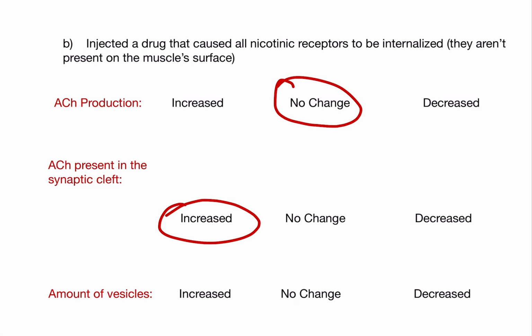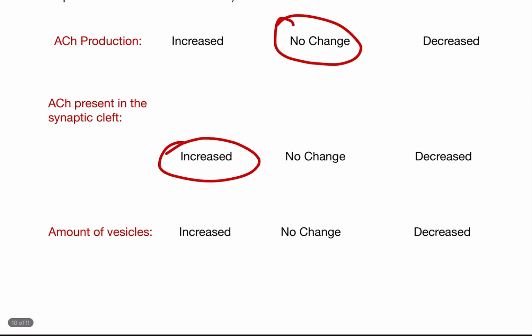So there's going to be more floating around in the synaptic cleft. That's why it's increased. But what about the amount of acetylcholine vesicles? Increased, no change, or decreased? No change. We're still making the same amount of acetylcholine. That's not going to change.